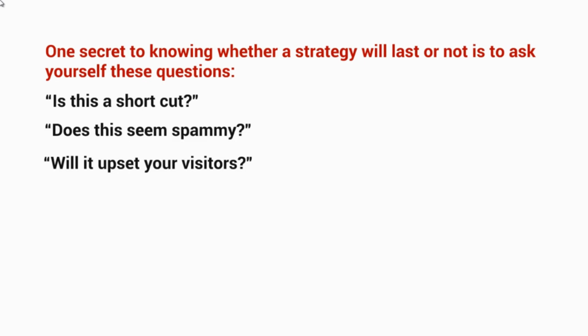The people that are coming to your YouTube channel via google.com or any other site, is this going to upset them? Because if it does, then guess what? Google is not going to like what you're doing, because they care more about the people that go to Google or go to YouTube and type in a keyword. They care more about them because they are who they are catering to, essentially.